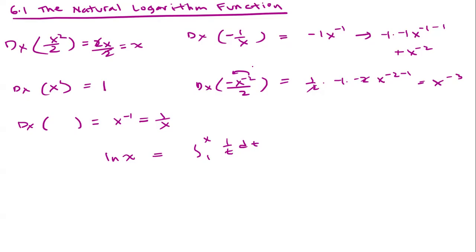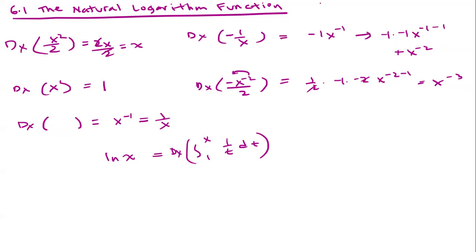If we were to take the derivative of this integral, what does it become? Remember, as we take the derivative of an integral, they just cancel each other out. And so this produces just 1 over x. So this is where this comes into play.